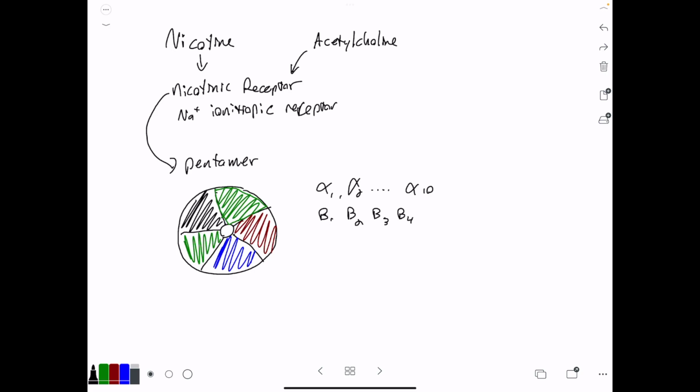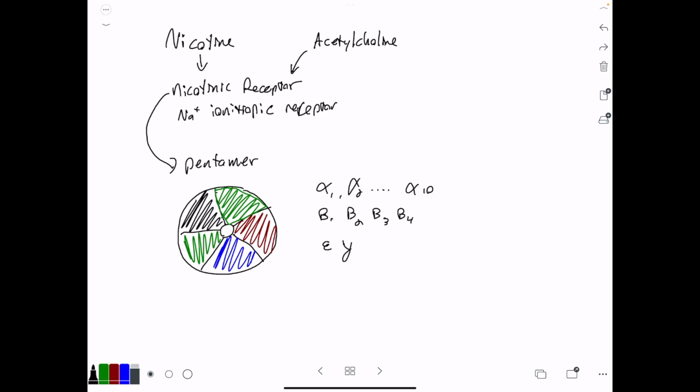And then there are a few others. This isn't going to necessarily be an exhaustive list, but there's epsilon, and there's gamma.